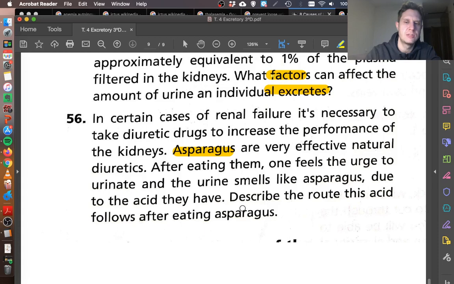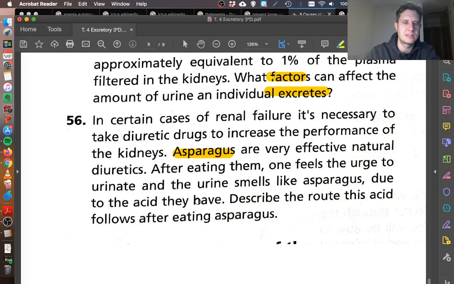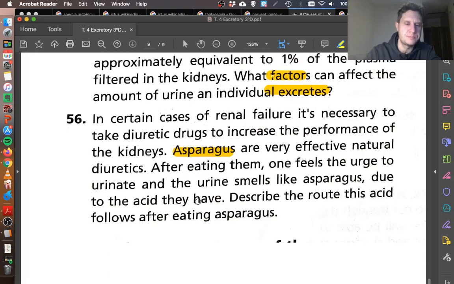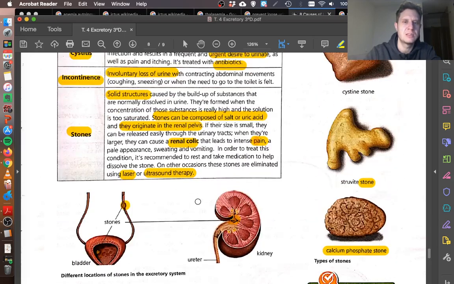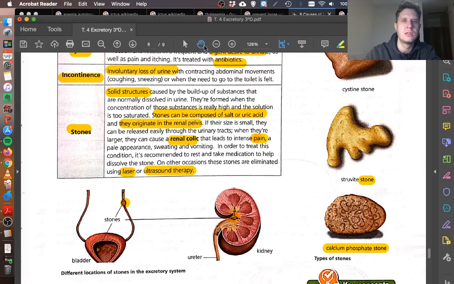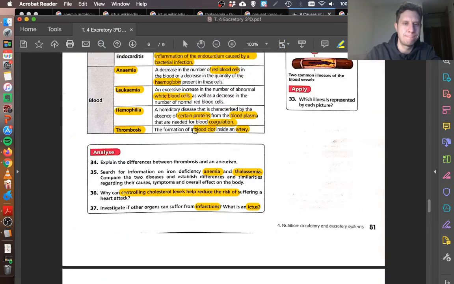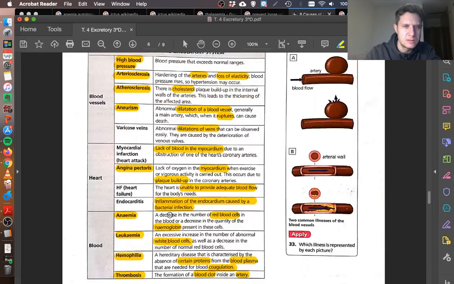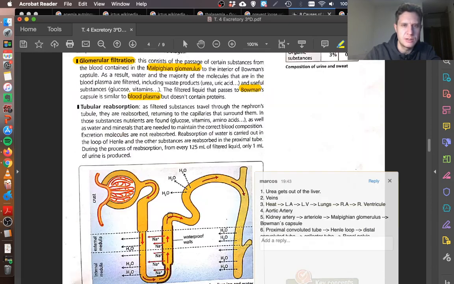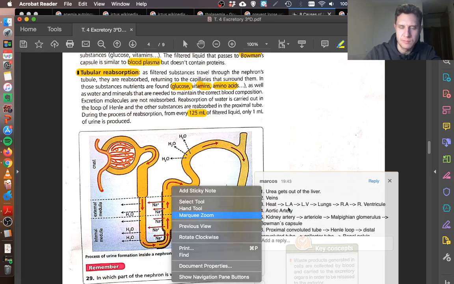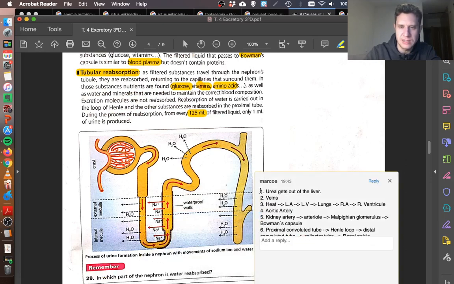Describe the route this acid follows after eating asparagus. It is exactly the same as in the previous question.